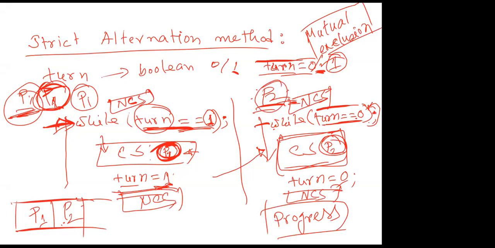Let's say process P2 is now executing the non-critical section, and in this region P2 gets preempted and P1 is scheduled. P2 is currently executing the non-critical section; it is not even entering the critical section.